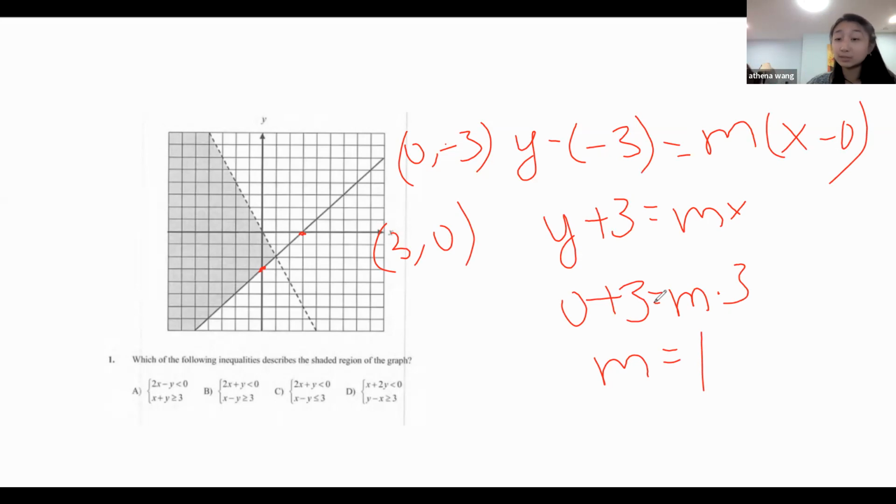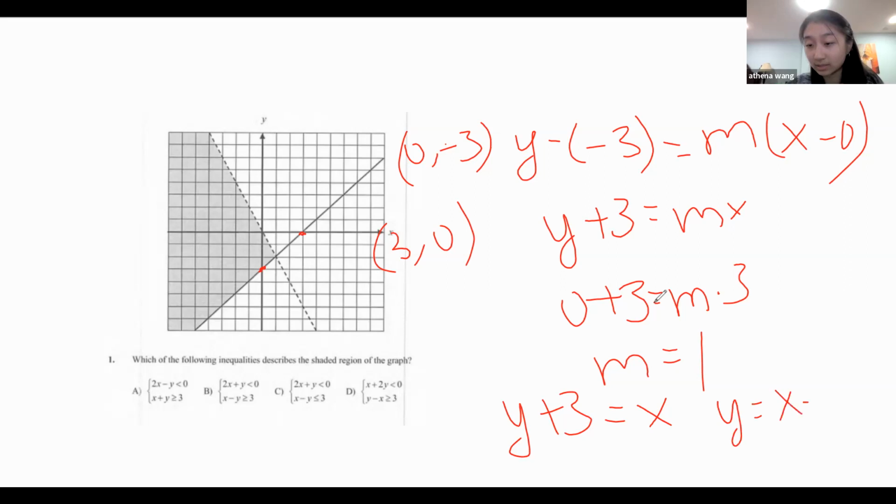Okay, since we have m equals 1, we have our equation: y plus 3 is equal to x. So y equals x minus 3. We isolate the y on one side. And then since this shaded region is greater than that, we have y is greater than or equal to x minus 3 because this is a solid line.